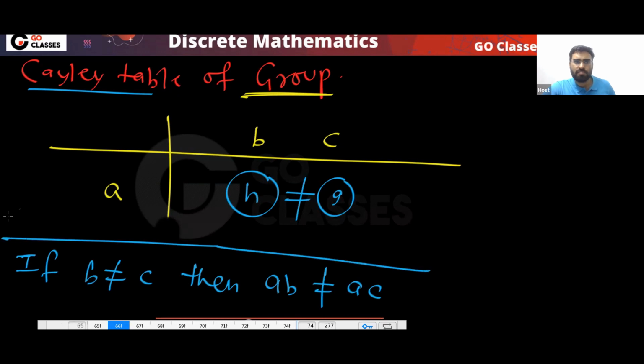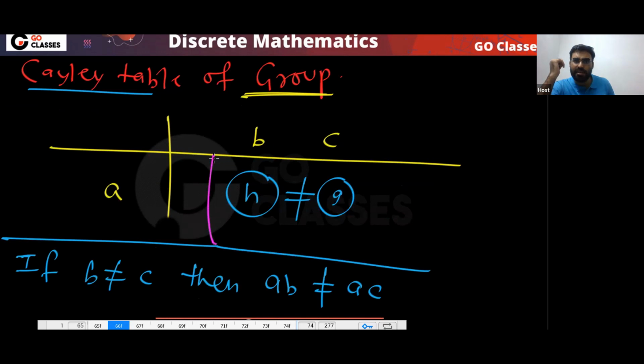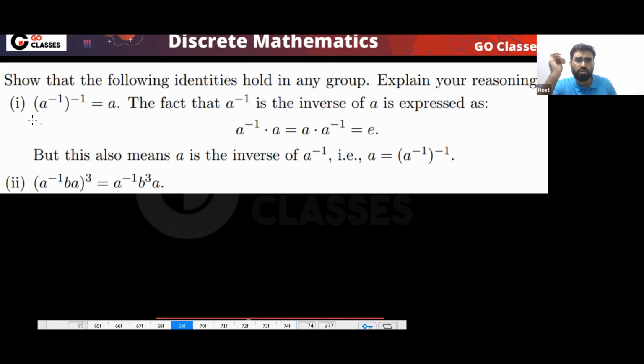So can you notice that in a Cayley table, you can never have repeat. You can never repeat the element in any row. Similarly, in any column, you can never repeat any element. So this we already know.